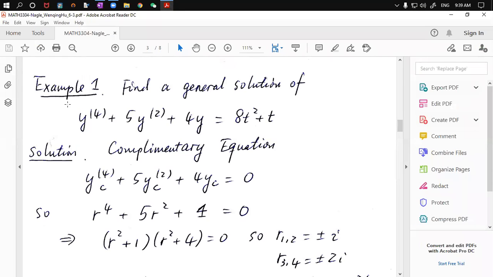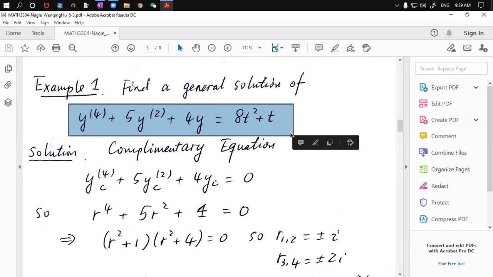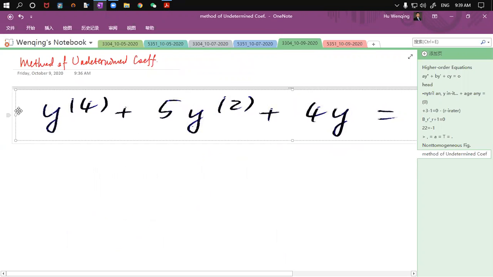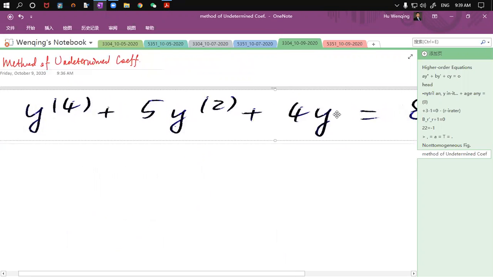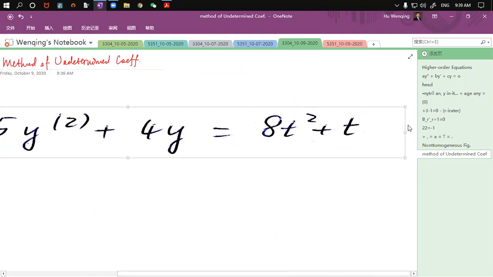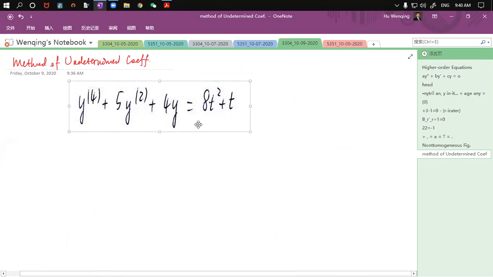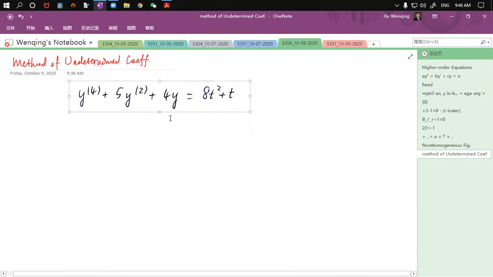Can you find a general solution of this equation? Okay, so we want to find the general solution of this equation.